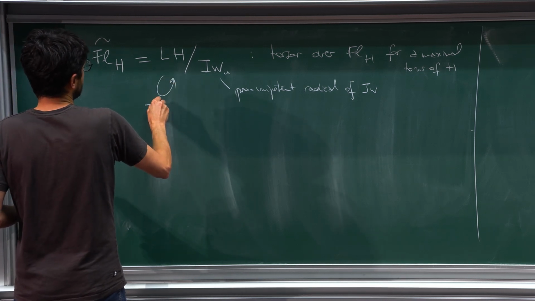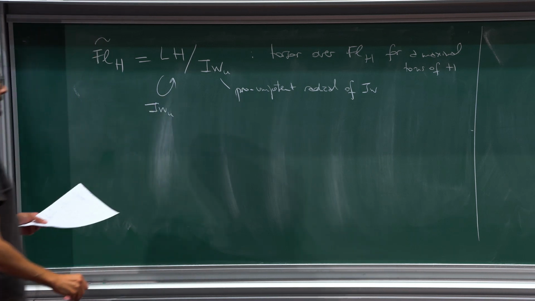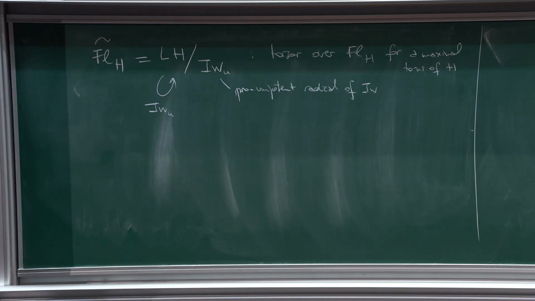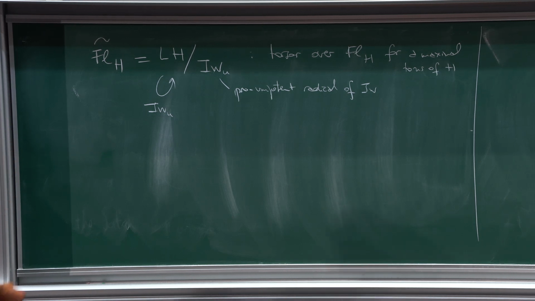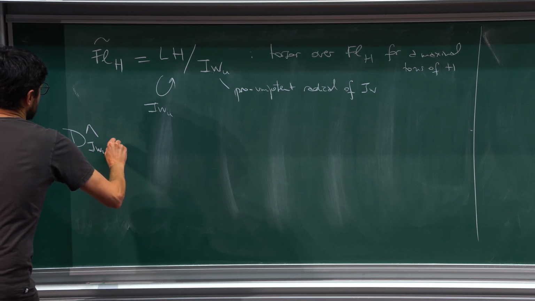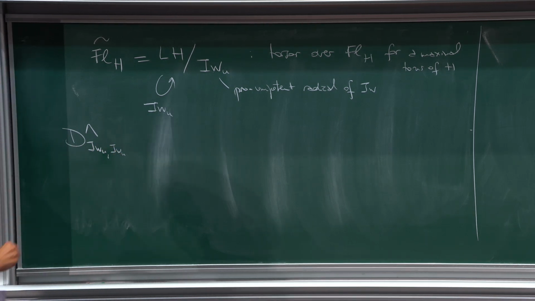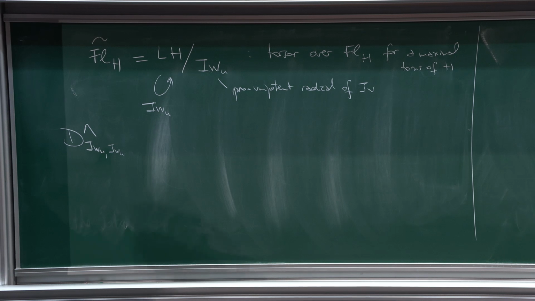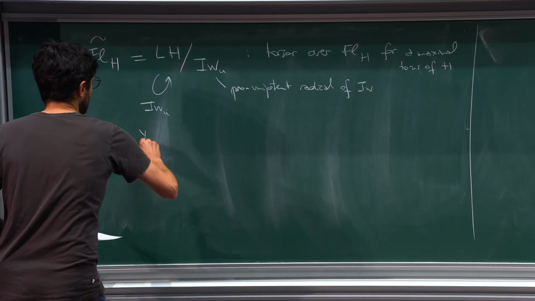I still have an action of the Iwahori subgroup, but I want to restrict it to the pro-unipotent part again. And I want to consider a certain category of sheaves on this thing that I will denote by D-hat Iwahori-U. So I will not be very precise once again about the definition.